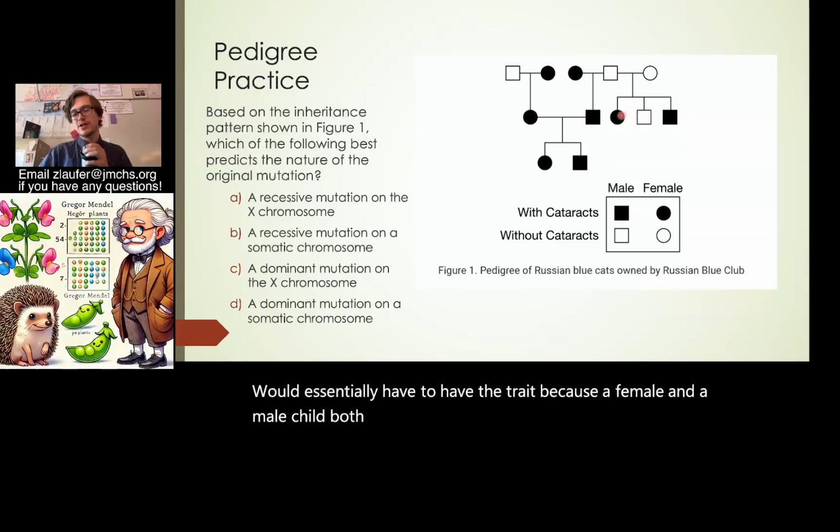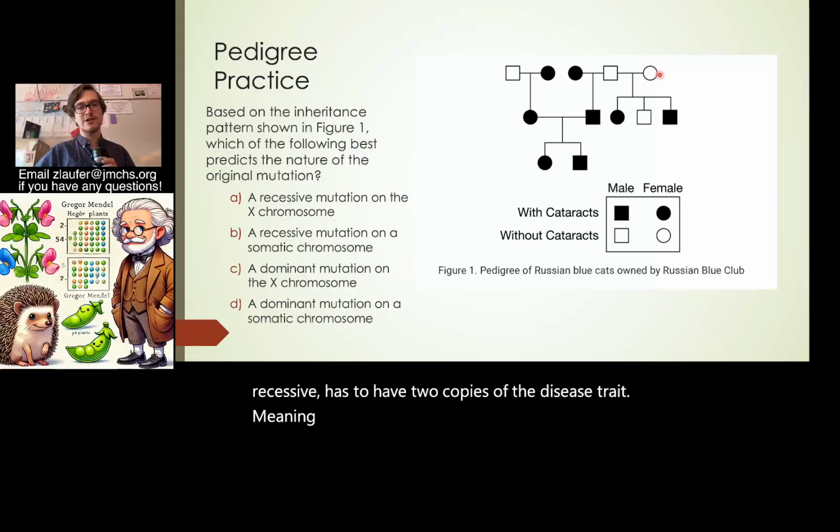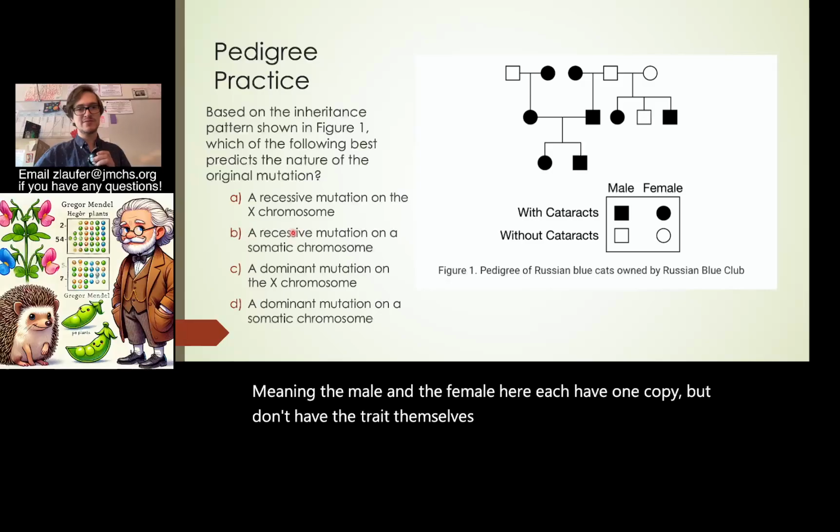So this female, because we know it's recessive, has to have two copies of the disease trait, meaning the male and the female here each have one copy, but don't have the trait themselves, meaning it has to be a recessive mutation on a somatic chromosome.